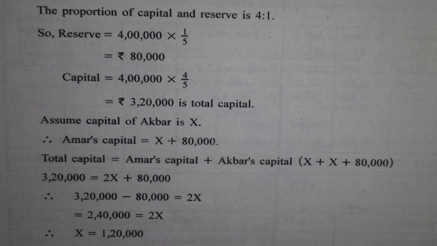How? We have split 4 lakh in 4:1, which is the given proportion of capital and reserve. So we have obtained the amount for reserve, and we have also obtained an amount of capital.